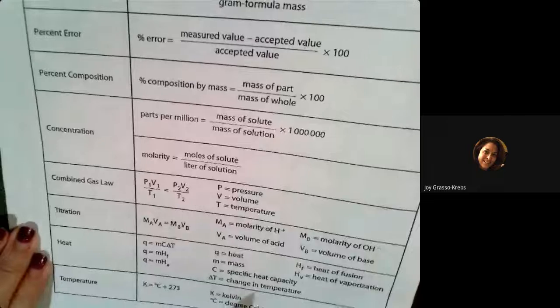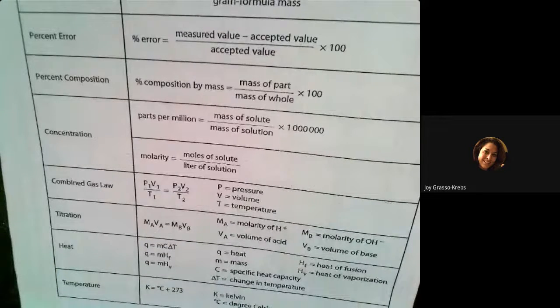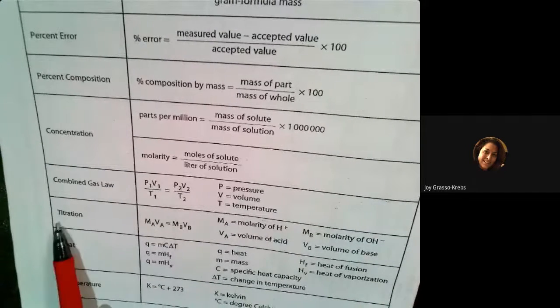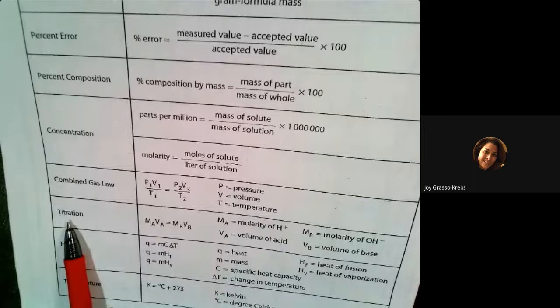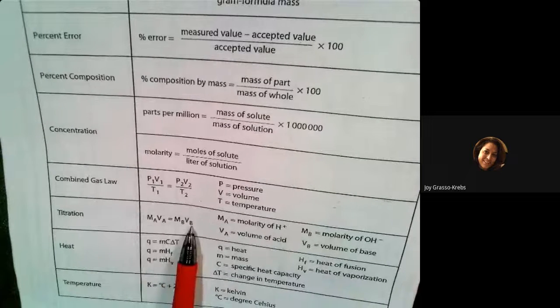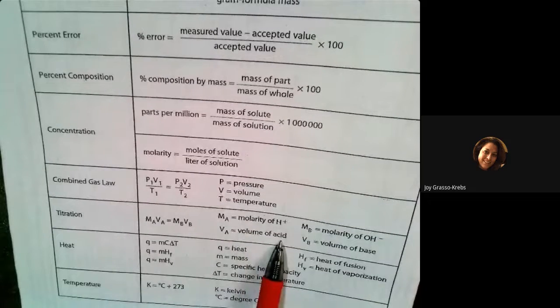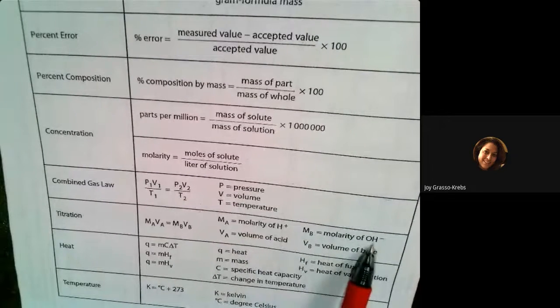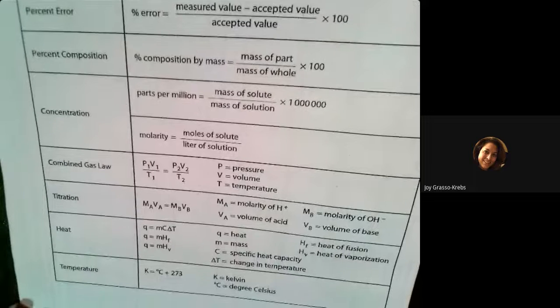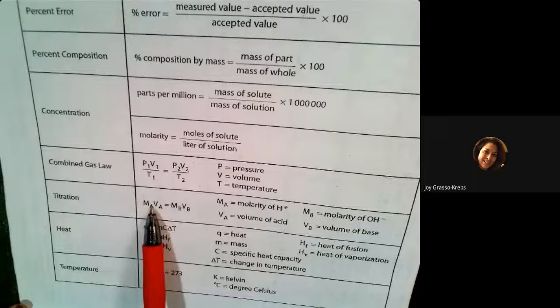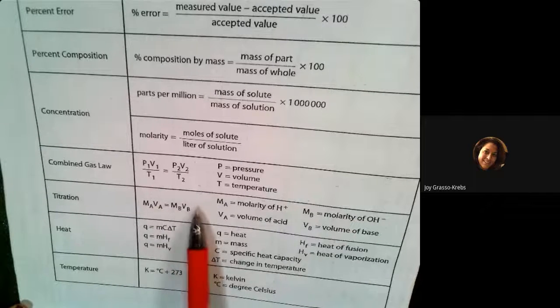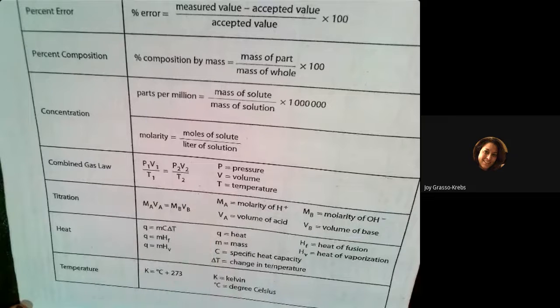And on Table T, which is the last page of the reference table, the titration formula is given to us. So molarity of the acid, volume of the acid, molarity of the base, volume of the base, and also realize that the number of moles of H is multiplied on the acid side, and the number of moles of OH is multiplied on the base side.